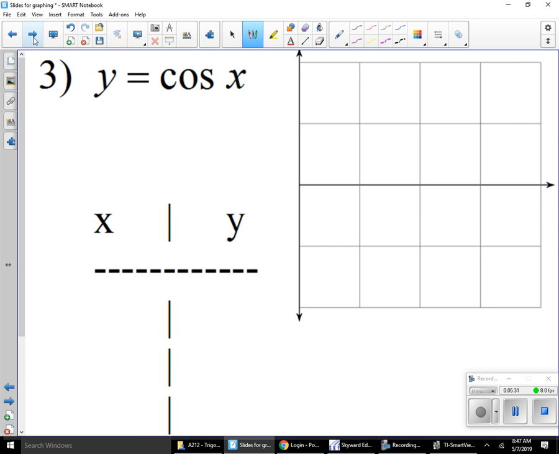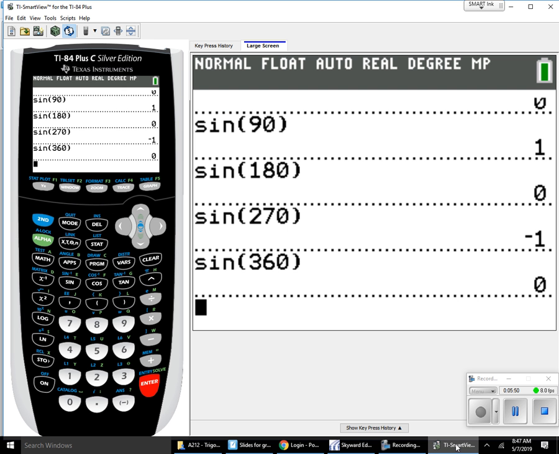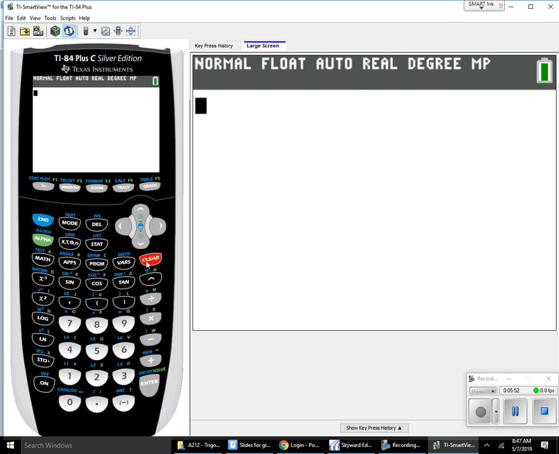Now let's do cosine. Cosine is going to have those same critical values. Again, thinking about going around the circle, you're starting at 0 degrees, 90, your right angle is important, 180, your supplementary angles are important, and then 270, finally coming back to 360. However, with cosine, cosine of 0 is actually 1.